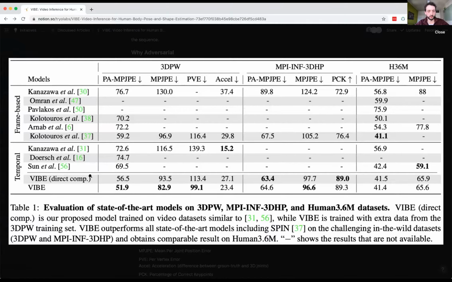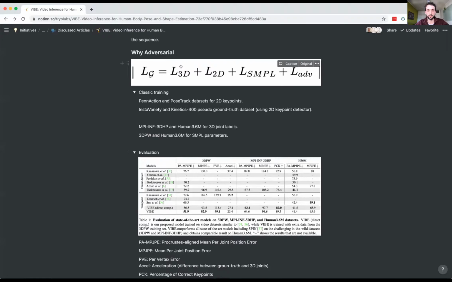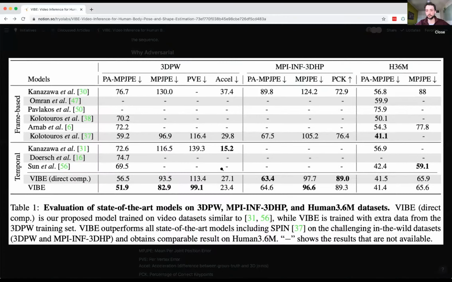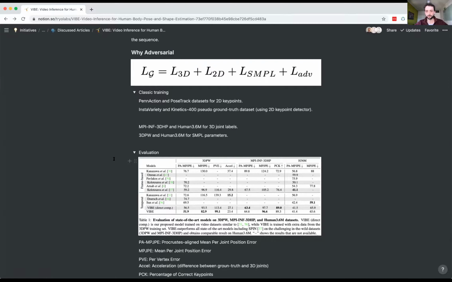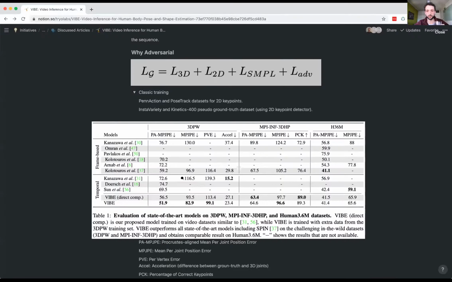The direct comparison is when they train using only the three losses that don't include the SMPL loss. So maybe they didn't always use all the losses at the same time in every step, and this is more like a diagram of the final result. But they don't mention doing any weighting of the losses in the paper.